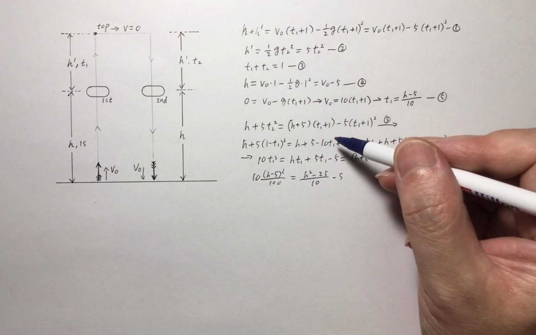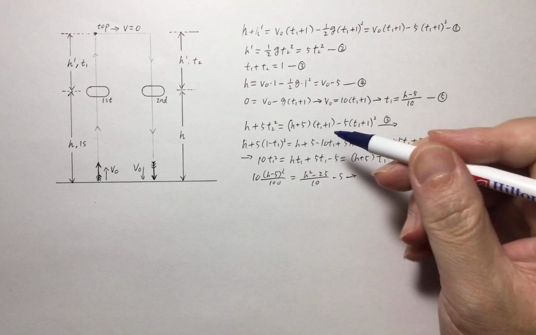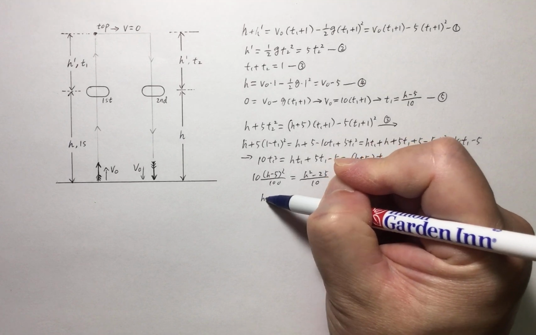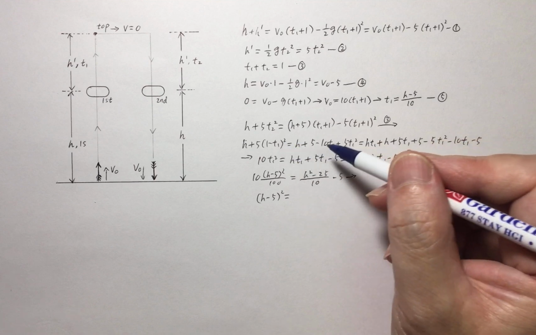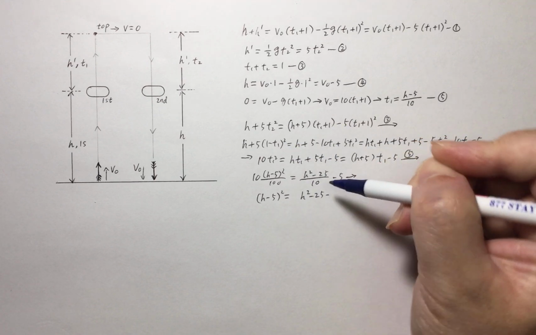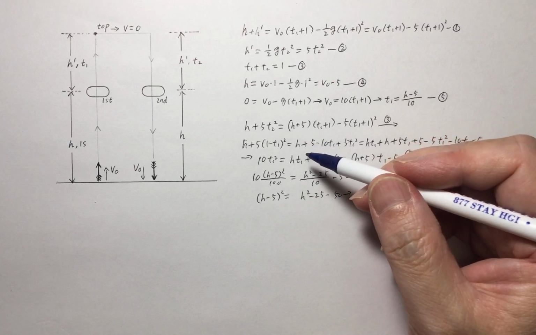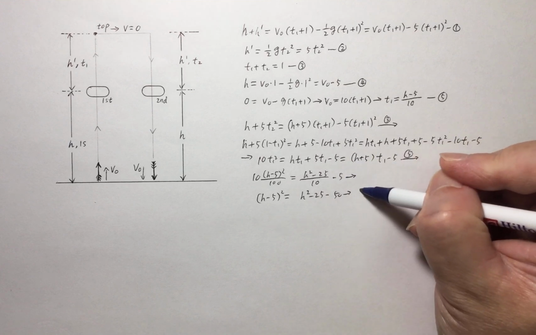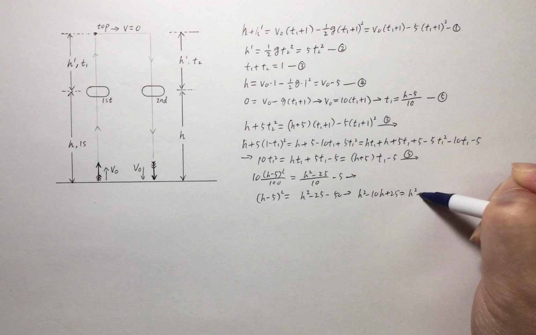It's kind of complex. So then we have (h minus 5) squared equal to h squared minus 25 minus 50. That gives you h squared minus 10h plus 25.